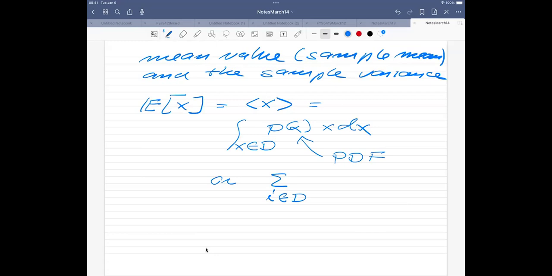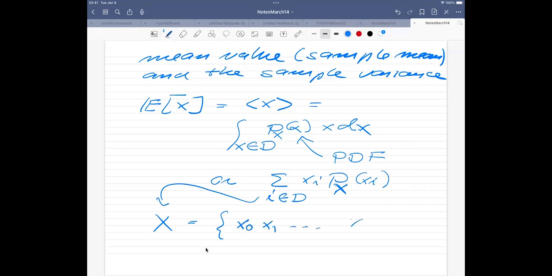And this is given by some x of i times the probability. Let's write it with an upper X, with little x of i. So this X defines the set of events for the discrete case. This i could be some x0, x1, up to some observation x n minus 1. Okay?